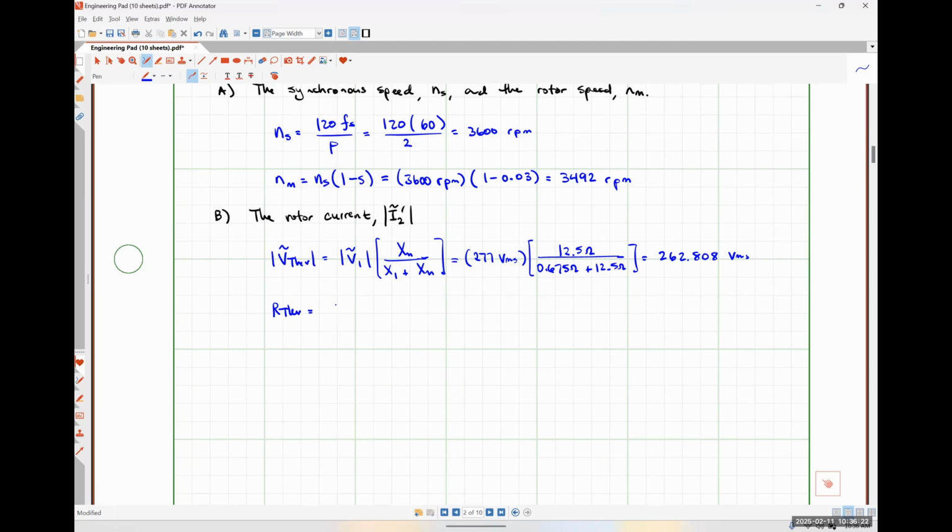RThev is R1 times the quantity XM over X1 plus XM, squared.